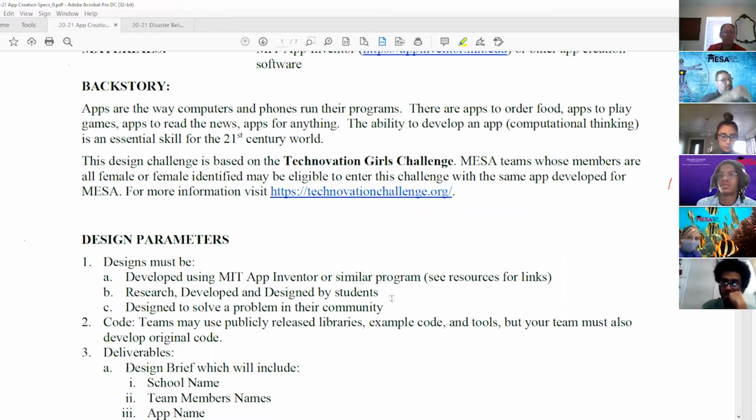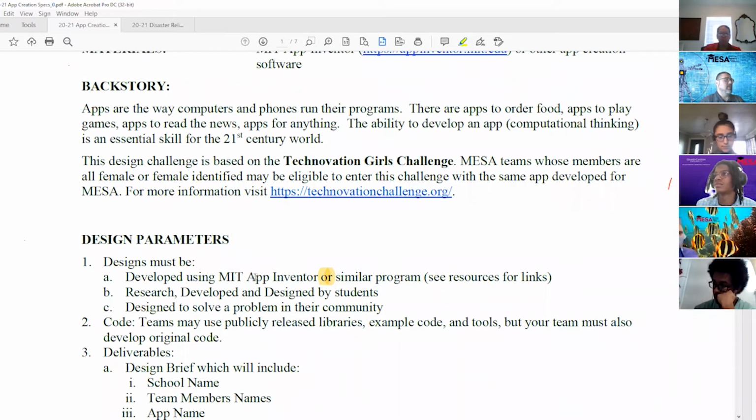As long as you can give us the information we need and we can see what we need to properly judge your project, then you can use whatever you want. So that "or" is really important, right? Or a similar program. MIT App Inventor may be one that you're like, yeah, that's cool, I'm going to use that one. Let's jump into it, right?